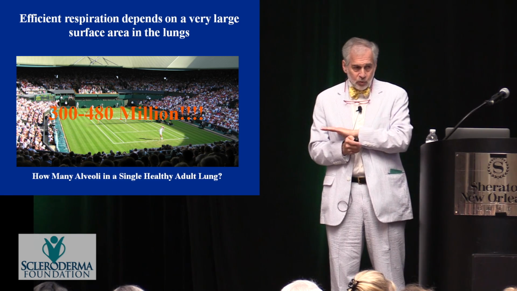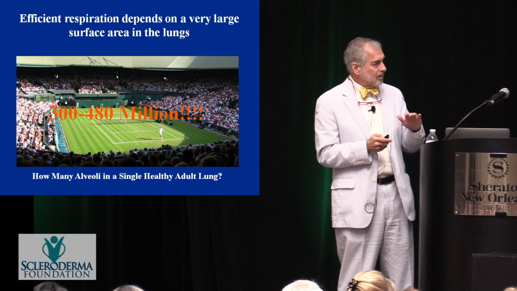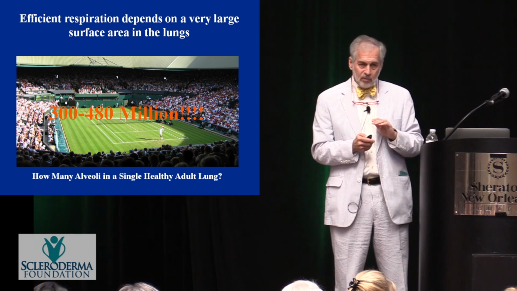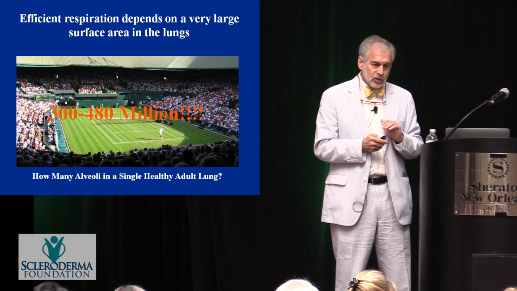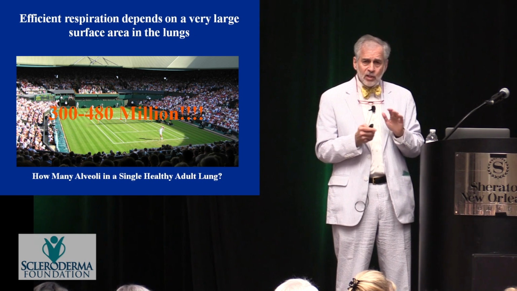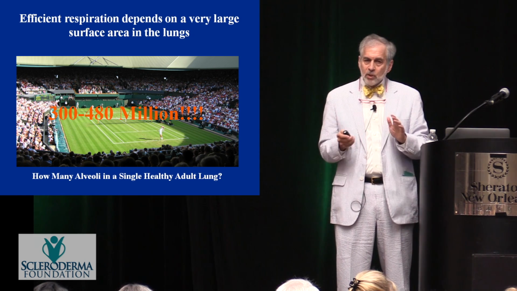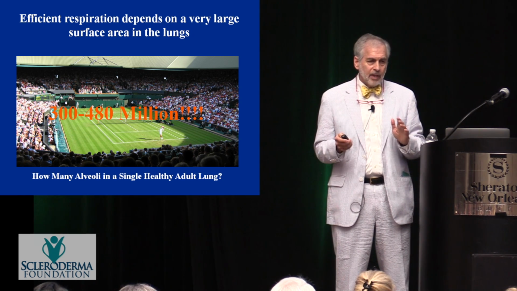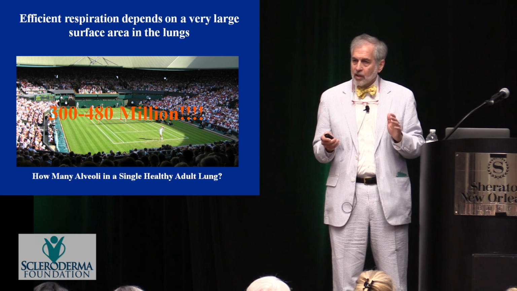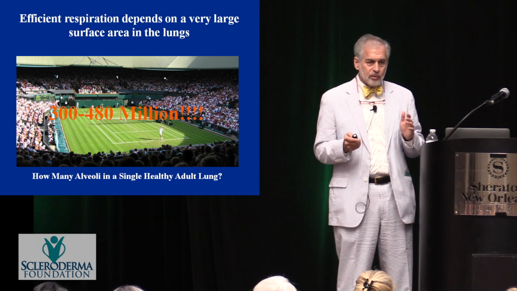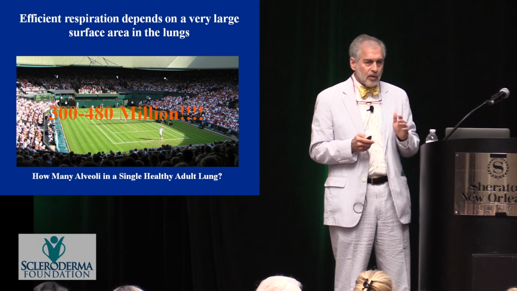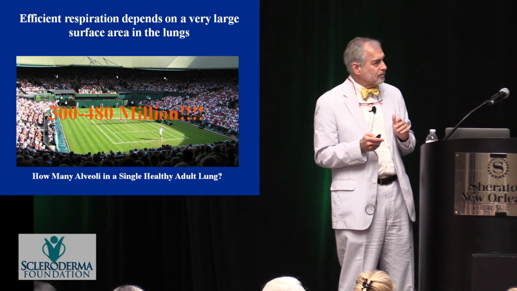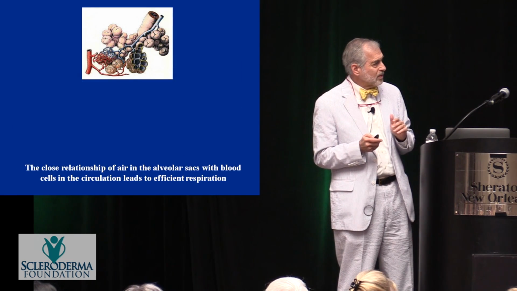And if you stretch them out in 2 dimensions, it would cover a tennis court. And so that's why we have so much reserve. You know, people can have a pneumonectomy, they can lose a lung, and they can still function fairly normally. So there's a huge amount of reserve built into our lungs.